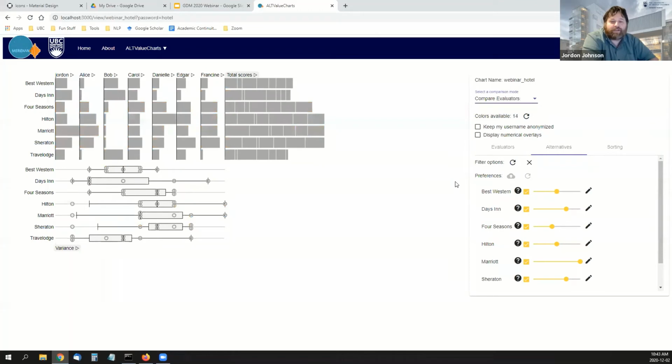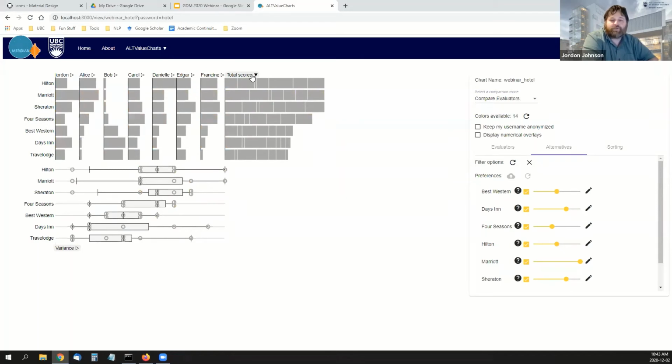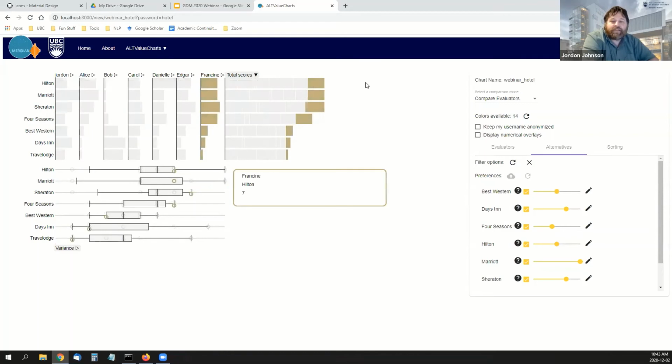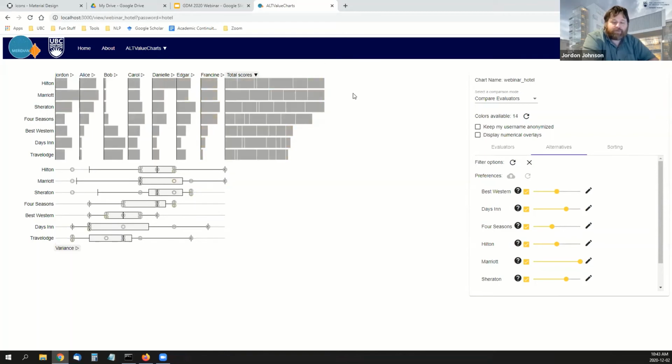I'm going to go back into compare evaluators mode, and let's take a look at sorting things by total scores, which we can do. And indeed, we do have a three-way tie. We can confirm that with the overlays, 41, 41, 41. Okay, so that's fine. So we have this three-way tie. Well, what should we do now? Maybe it's useful to look at variance.